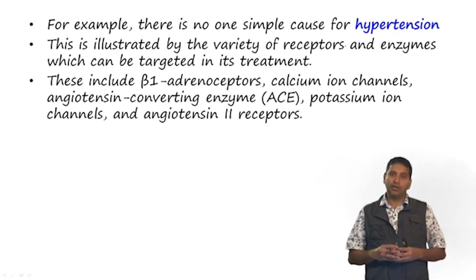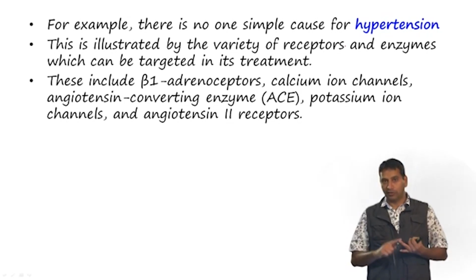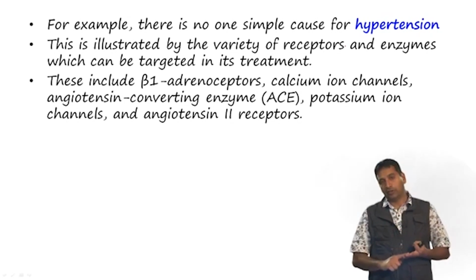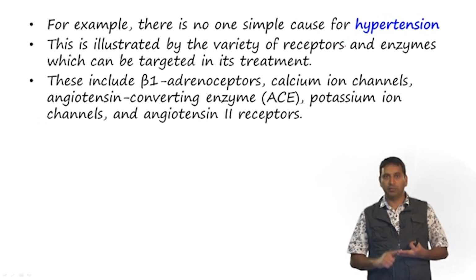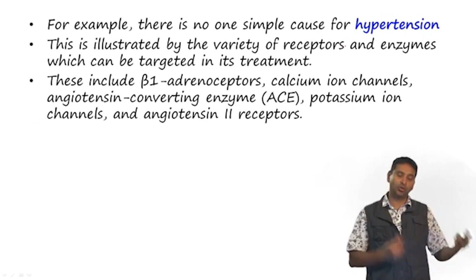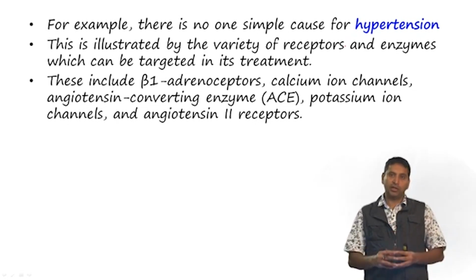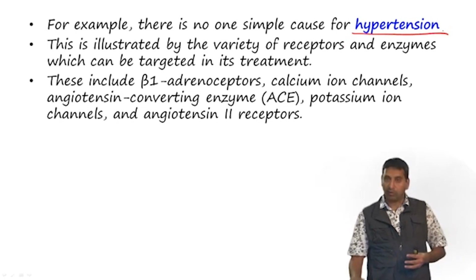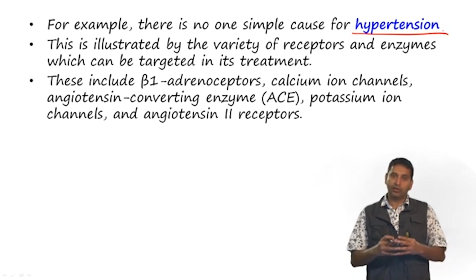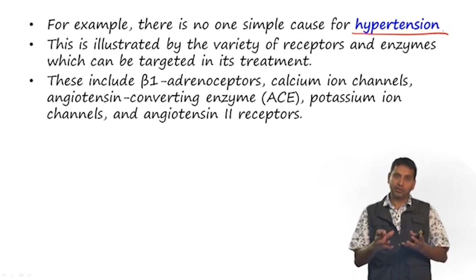Hypertension involves the beta 1 adrenoreceptor, the calcium ion channel, angiotensin converting enzyme, which is ACE, potassium ion channels, angiotensin 2 receptors, and so on. So, to treat this complex ailment, one needs to consider this entire complex system.